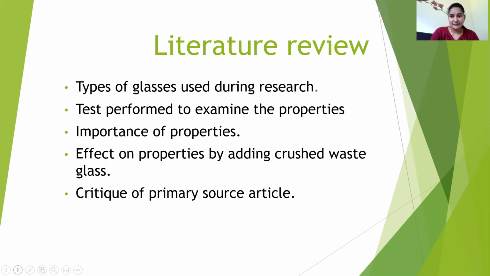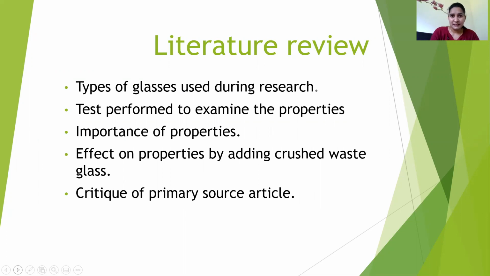In this portion, I describe some basic types of glass like CRT glass, that is cathode ray tube glass, which is used in many literatures. Secondly, there is glass obtained from broken bottles or jars. That glass I have also used in construction.